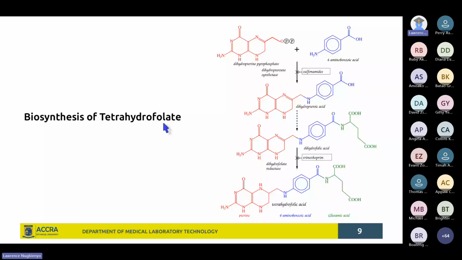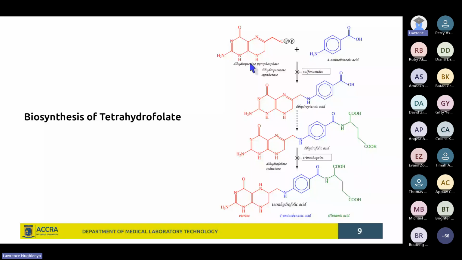It's important for the proliferation of cells, cell growth, particularly in developmental stages, in humans, and even in bacteria, prokaryotes, eukaryotes. In developmental stages, they require folic acid for cell proliferation and growth.